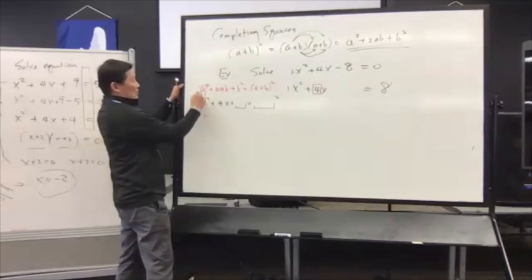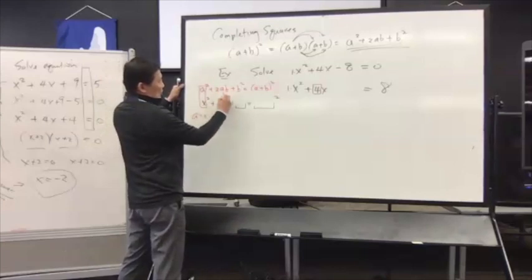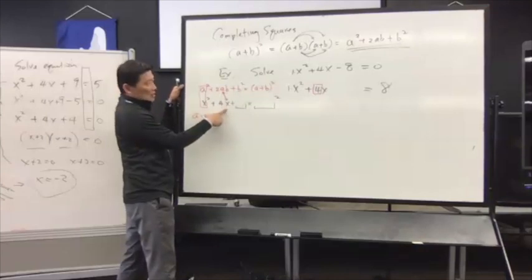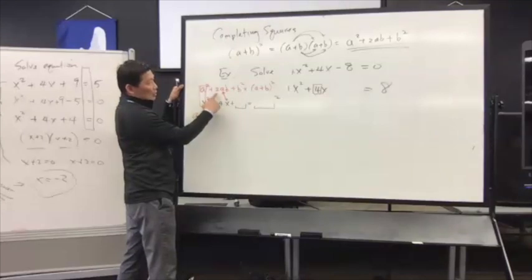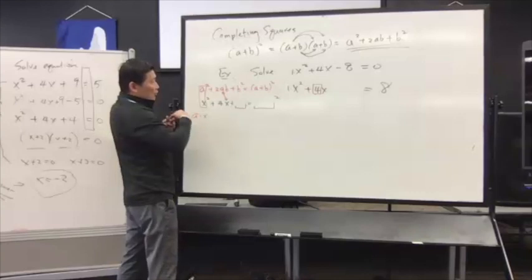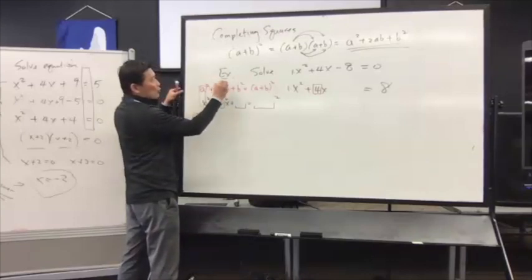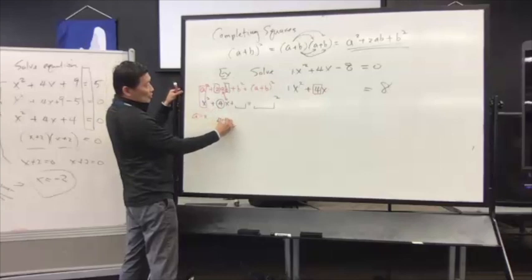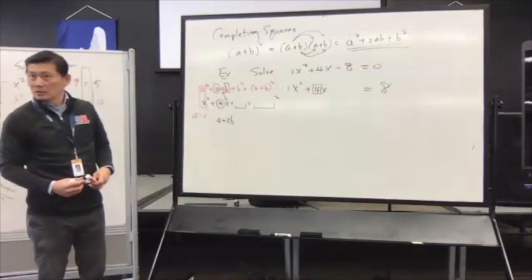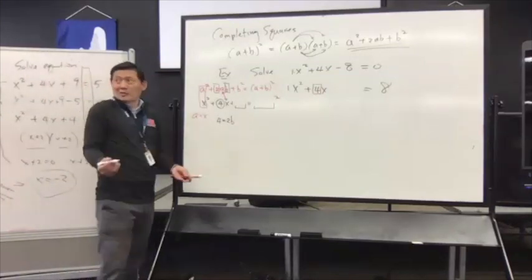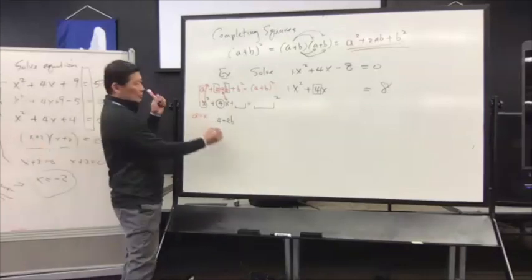If a is x, what's left out is the 4 right here, which is 2 times b. So 4 is equal to 2b. Then what's b? If 4 is equal to 2b, then b is 2.